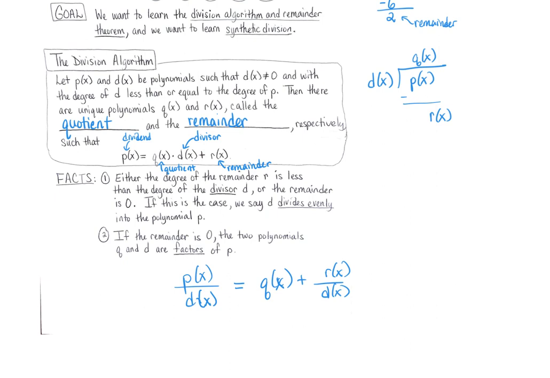So another way of thinking of this is, your divisor is what you're dividing into your dividend. And then on top you have your quotient. Then you have some things here. You subtract, simplify, and you get your remainder. Okay? And the degree of your remainder has to be less than the degree of your divisor by the time you're done. Okay? Or 0.